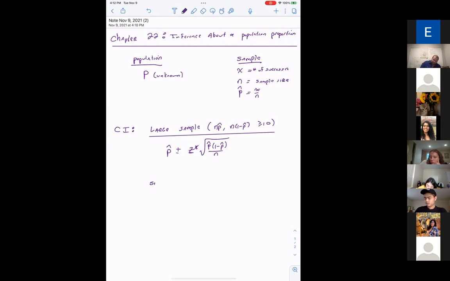And then we have the small sample confidence interval, and that's just if n is greater than or equal to 10. It doesn't require the number of successes and the number of failures each to be greater than or equal to 10, but rather just requires that the sample size be greater than or equal to 10. And you guys recall what this was?